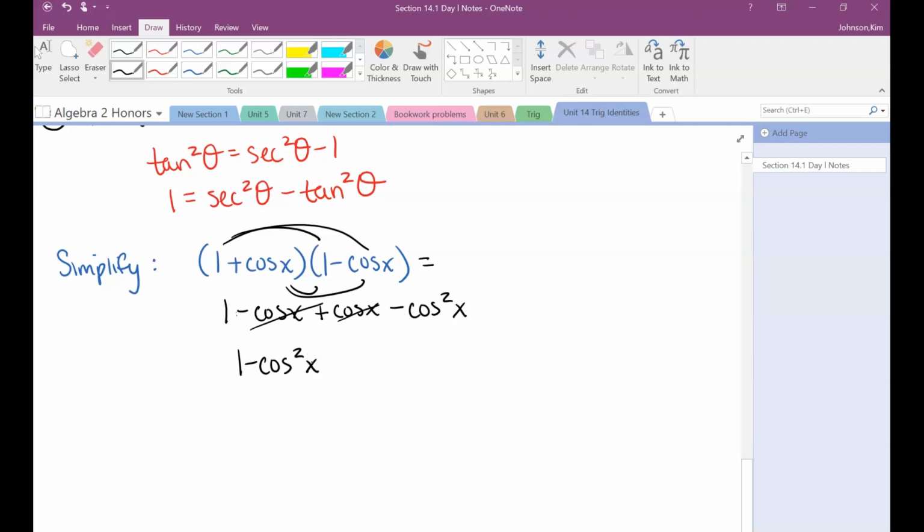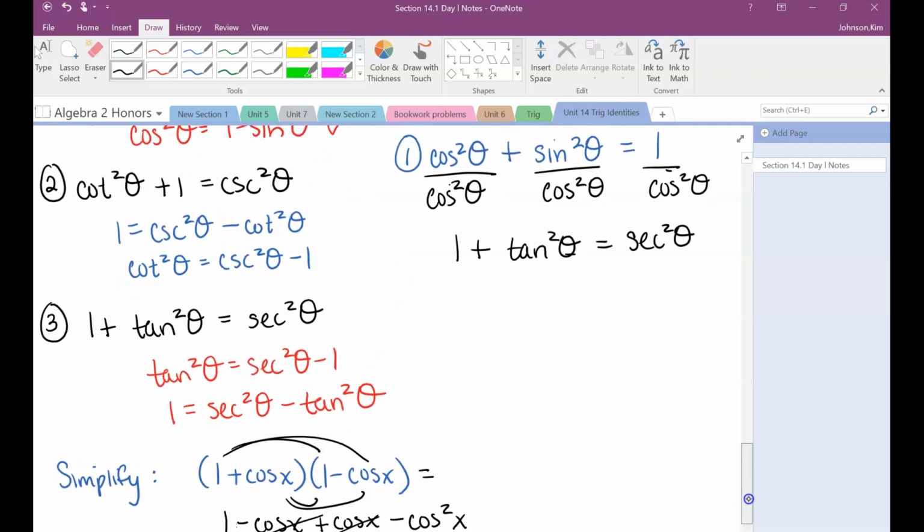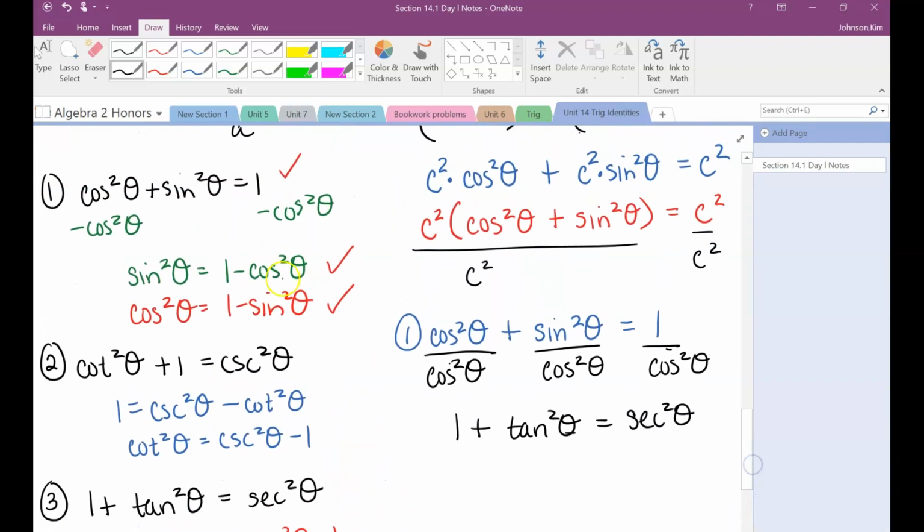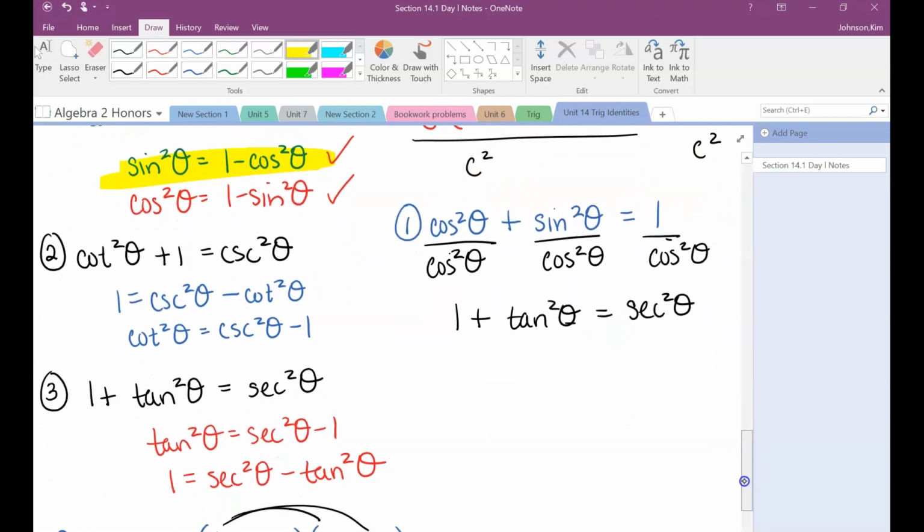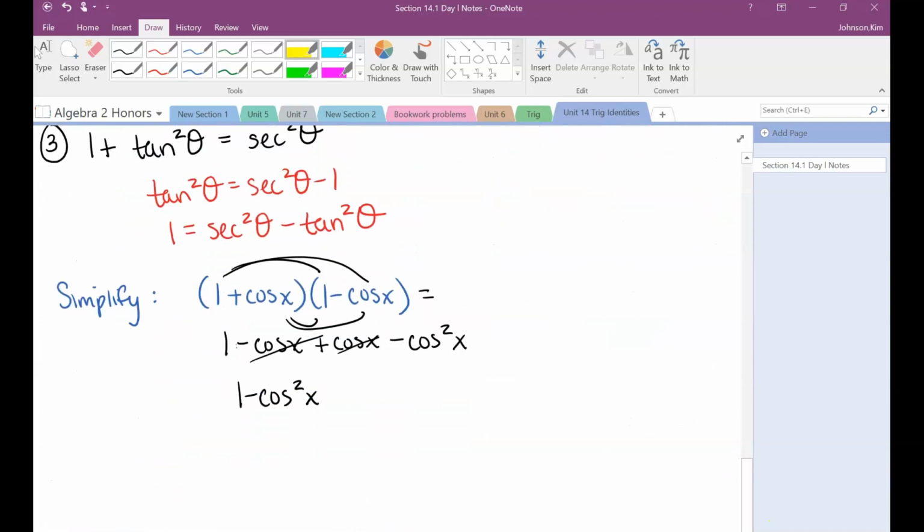But I recognize 1 minus cosine squared of x is the same thing as sine squared of x. It's rewriting that first Pythagorean identity in a different way. So this entire expression is just equal to sine squared of x, and I'm done. So that was example 1.